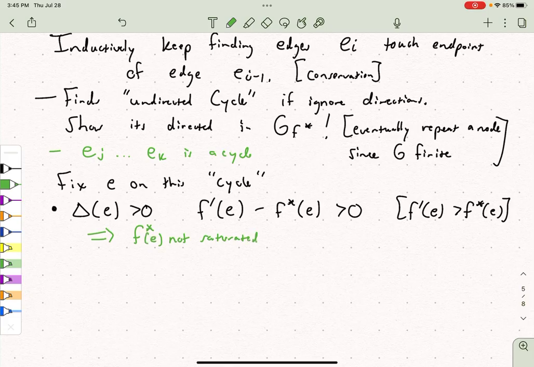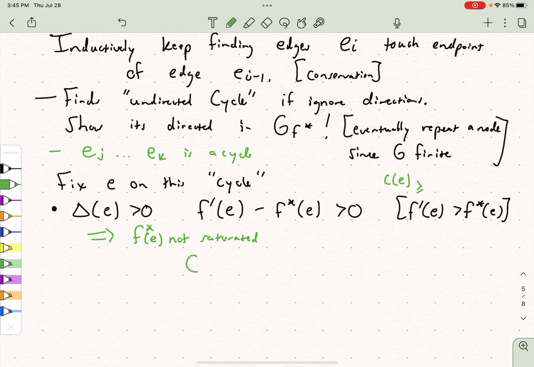Well, because f prime is feasible, we know f prime of E is at most the capacity of E. And because f star is strictly smaller, there's still some flow we could send down f star to make it larger for this specific edge. So if f star is not saturated, then we know we can increase it.